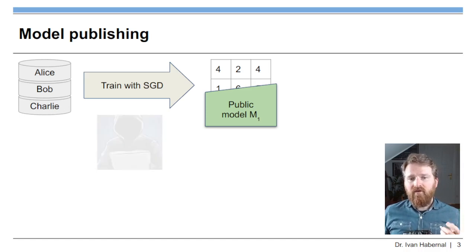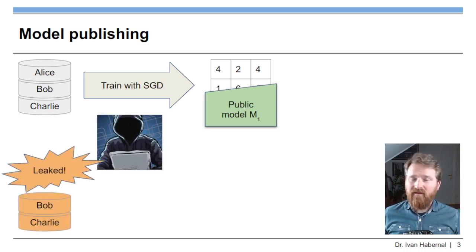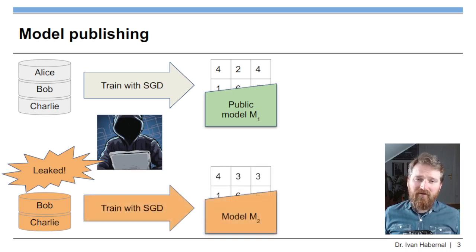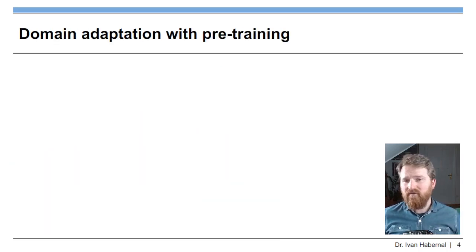If there is an adversary, a bad guy, and some other data is leaked which doesn't contain Alice, so we want to protect Alice here, for instance, but we have data sets leaked from Bob and Charlie, the adversary can also train a model, maybe the same model, and by seeing the difference of the trained models, he or she can find out whether Alice was in the private data or not. And there are many other attacks which the adversary can do.